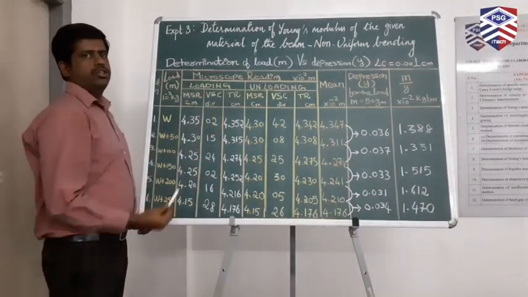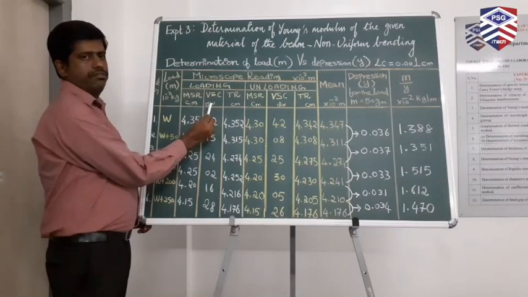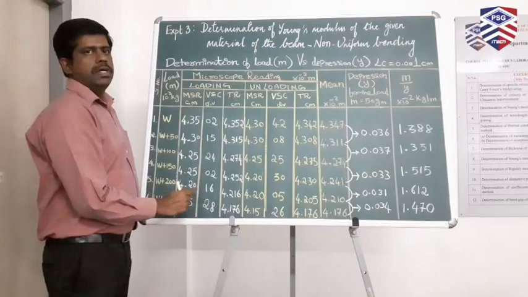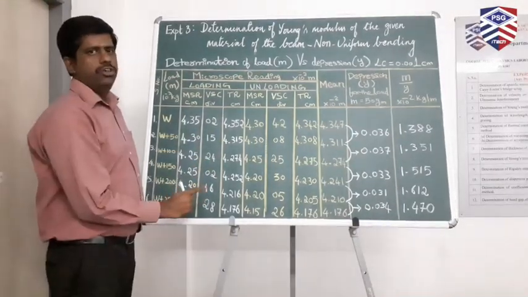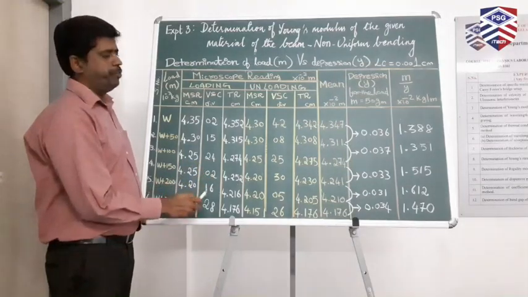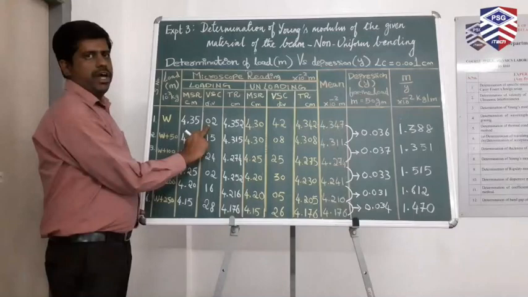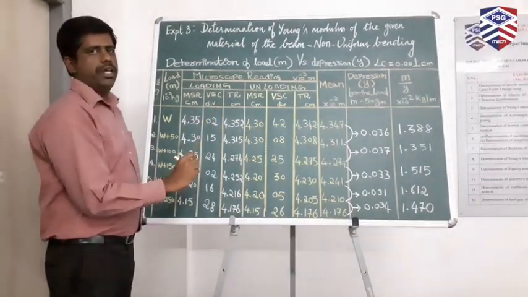For calculating the total reading, we multiply this vernier scale coincidence with the least count of this traveling microscope, which is 0.001 centimeter. So when the vernier scale coincidence value is multiplied with the least count, it becomes the vernier scale reading.